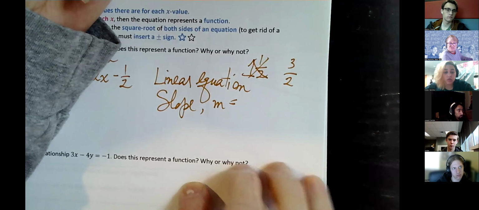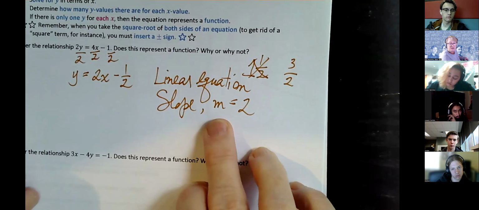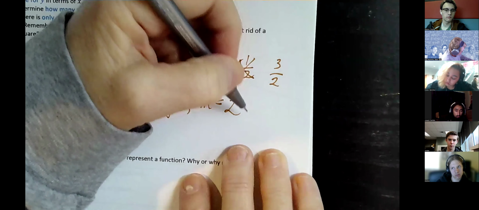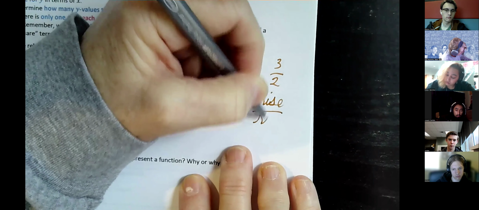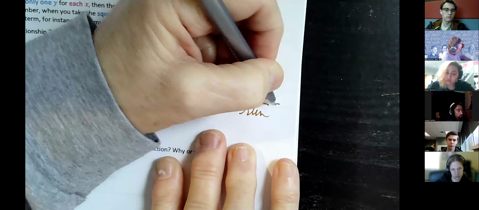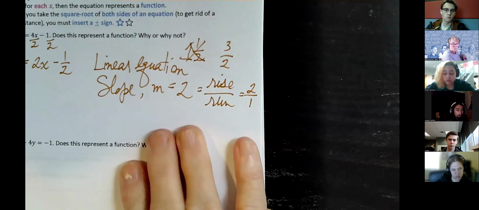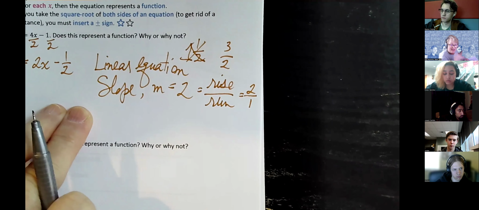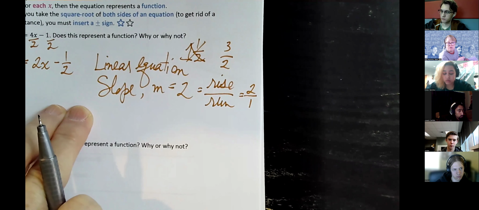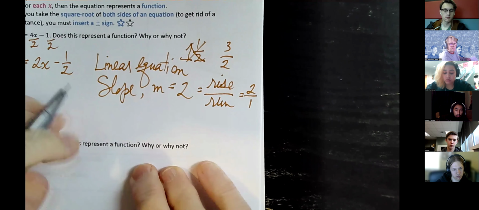And since slope, let's write it this way. The slope is 2, but we think of slope as rise over run. So I'm going to write it as 2/1. And I don't have to do that, but it helps me remember what this number means.